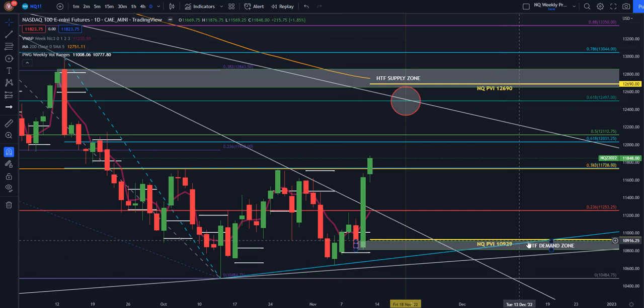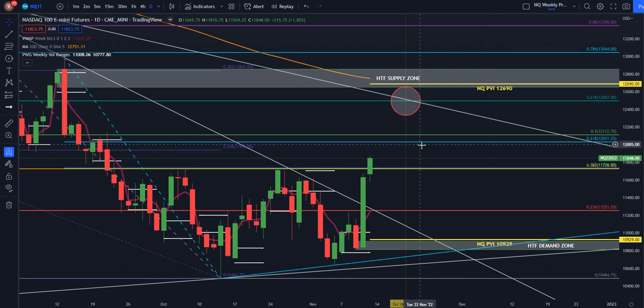But I've got right now a baseline modified PVI, which is just above the higher time frame demand zone down here. And I've got two key levels right here that we're going to be eyeing this week around 12,031 on down to 11,50, 11,40. And so we're going to see which one of these it's going to play out.